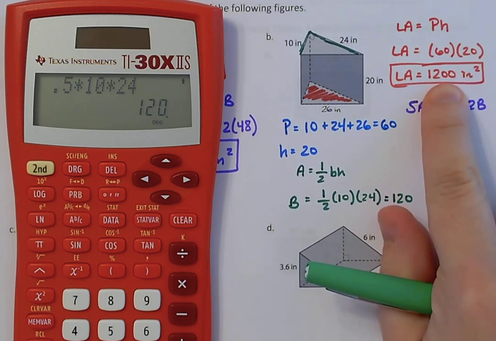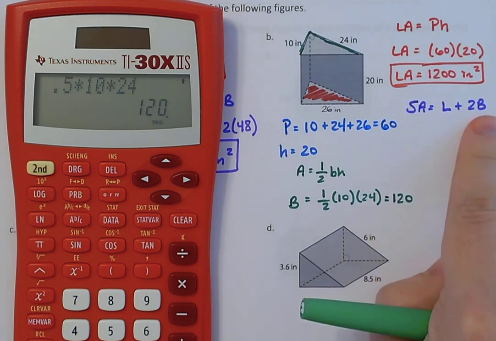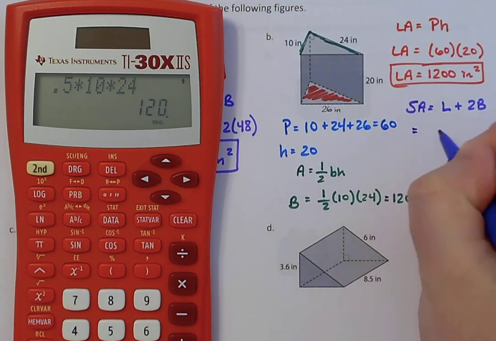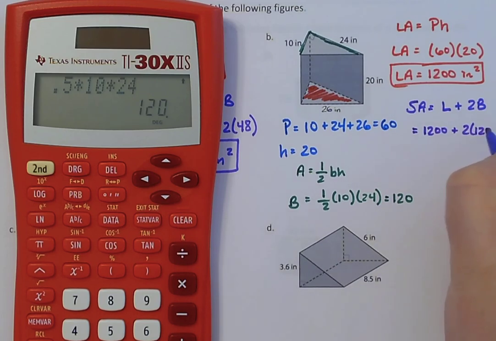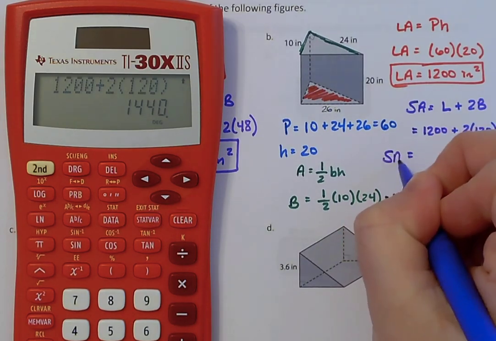We already know what our lateral area is, so we're just going to plug 1,200 in for L, and we're going to plug 120 in for B. So surface area equals 1,200 plus 2 times 120. So if we do 1,200 plus 2 times 120, we get 1,440 inches squared for our surface area.